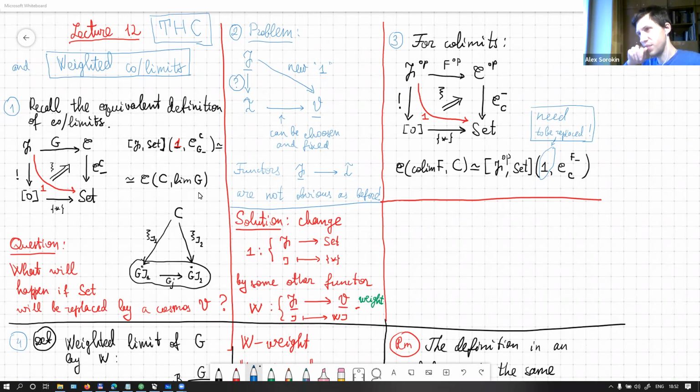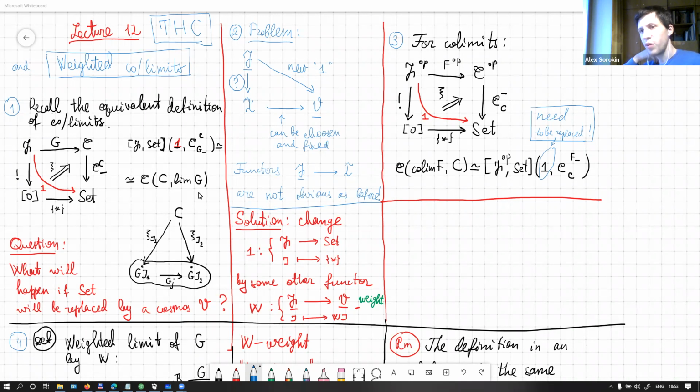So this is precisely the factorization of a bigger cone with tip C through the cone with tip limit of G. Then in this construction, we have one thing that is marked with red. It is the terminal functor 1, which is a composition of two functors, one going to the terminal category and one from the terminal category.